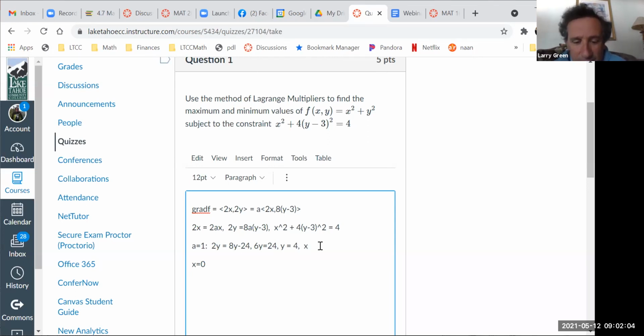So we have x squared plus, and 4 minus 3 is 1. 1 squared is 1. 4 times 1 is 4. Isn't that nice? Plus 4 equals 4. So what's x equal to? Yeah, good news is x equals 0, and y was 4.